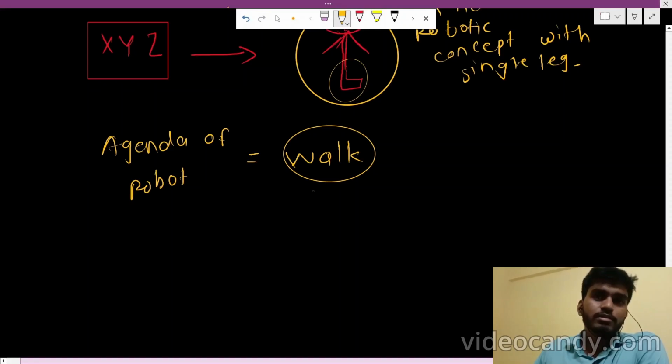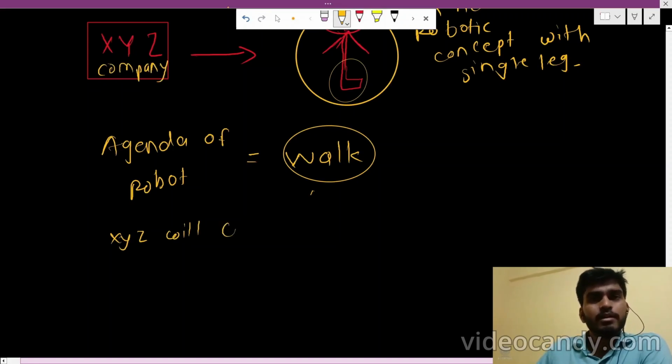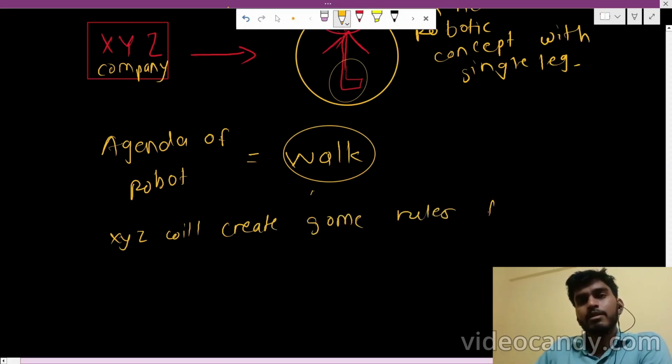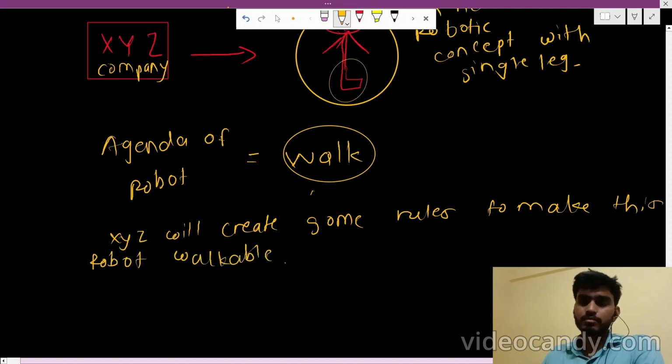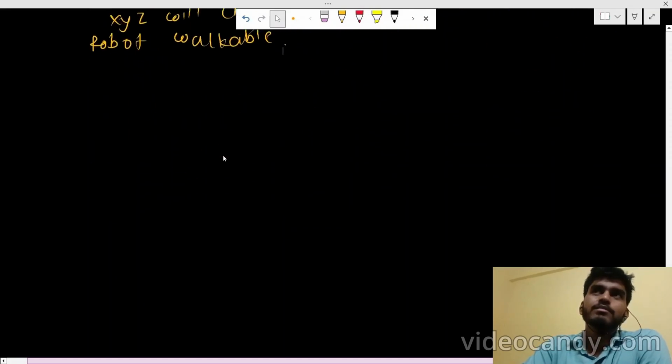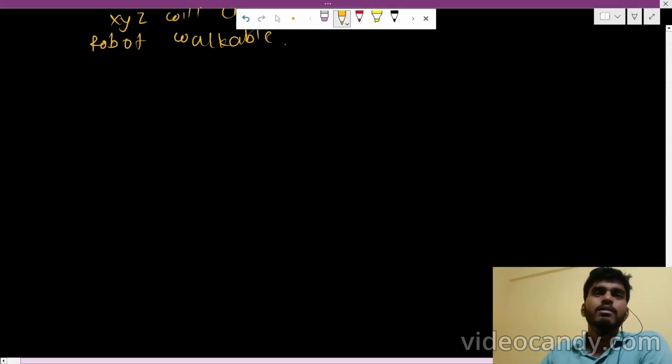To achieve this, the XYZ company will create some rules to make this robot walkable. Okay, so what may be these rules?